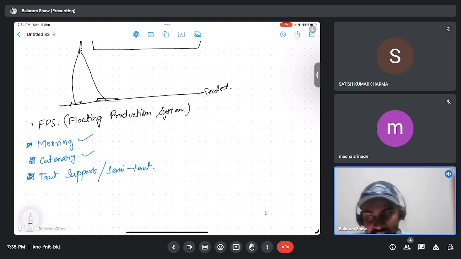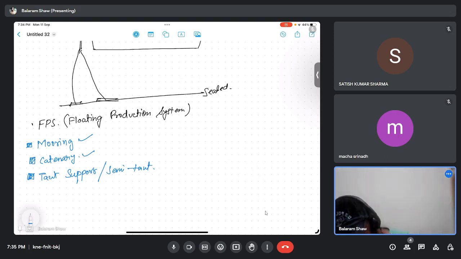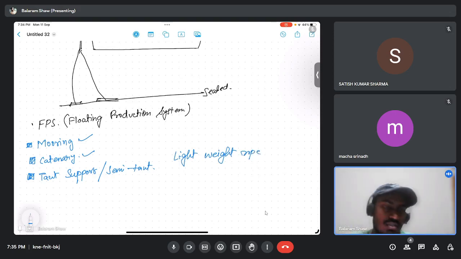In such a case, a lightweight rope or cable is required. When the lightweight rope reaches the seabed, it is inclined with respect to the seabed.